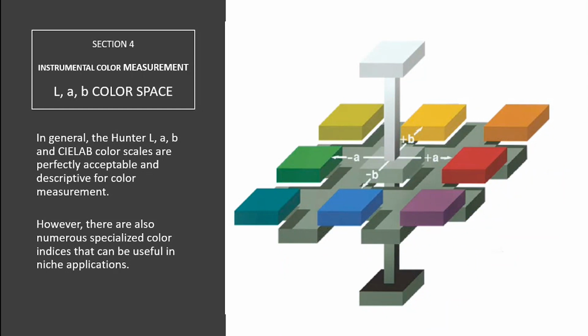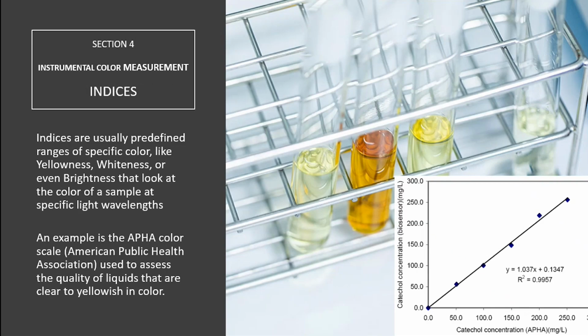However, there are also numerous specialized color indices that are used, and some examples would be the APHA color scale. APHA stands for the American Public Health Association, and it's used to assess the quality of liquids that are clear to yellowish.